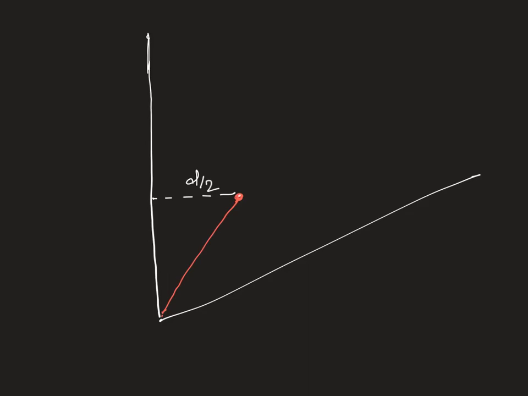Now you must understand that at any point, there will be two fields. There will be an E perpendicular and there will be an E parallel. For the second wire too, there will be an E perpendicular and there will be an E parallel.